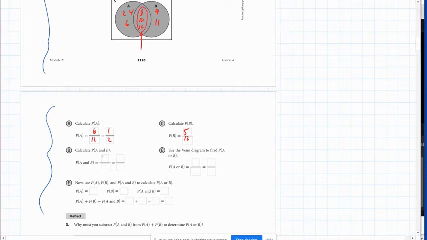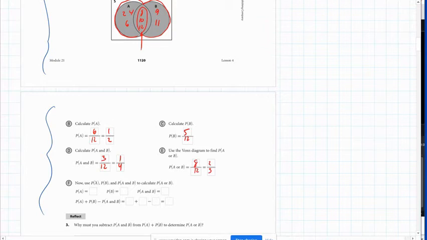That is 3 out of 12, or 1/4. And the probability of A or B from the Venn diagram is, let's see, altogether the union of these is 1, 2, 3, 4, 5, 6, 7, 8 twelfths, or 2/3.